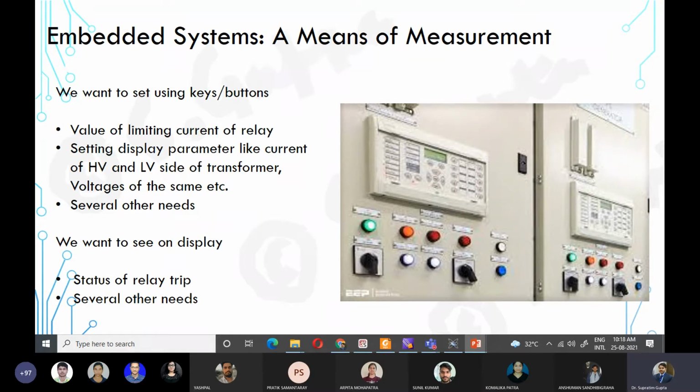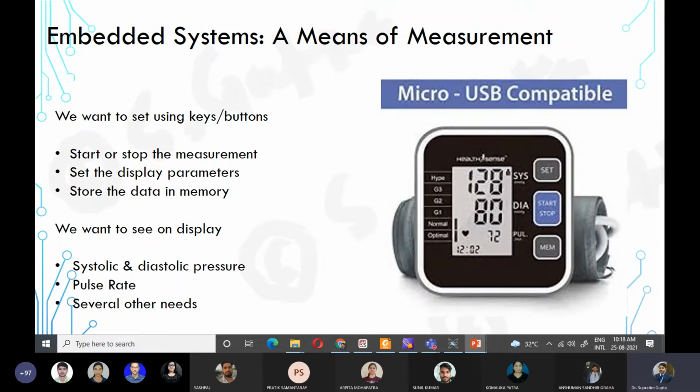After measuring the current, if it goes beyond a certain limit, the relay should trip, and the condition of that relay should also be shown on the display panel. All these things we can do through a processor-based or digital system.